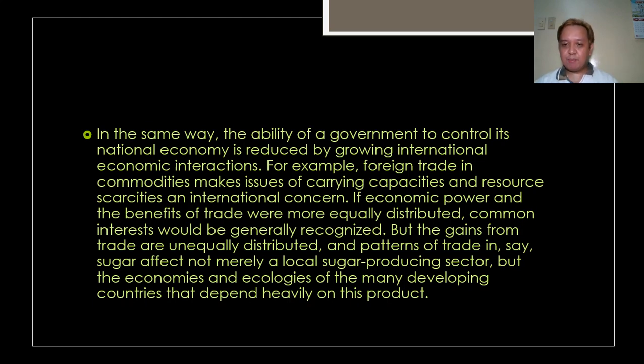If economic power and benefits of trade were more equally distributed, common interest would be generally recognized, but the gains from trade are unequally distributed. The patterns of trade in, say, sugar, affect not merely a local sugar producing sector, but the economies and the ecology of the many developing countries that depend heavily on this product.